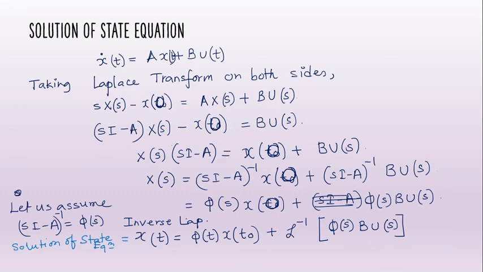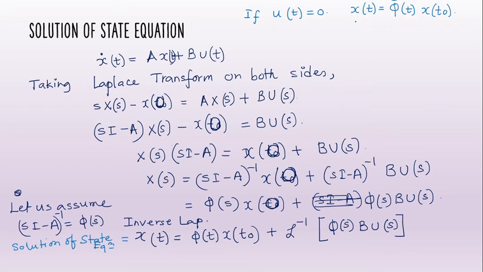Now this is the solution of the state equation for the non-homogeneous state equation. If I want it for the homogeneous state equation, this part will be 0, so only this part will remain. That means if the input u(t) is 0, x(t) will only be phi(t) x(t0).